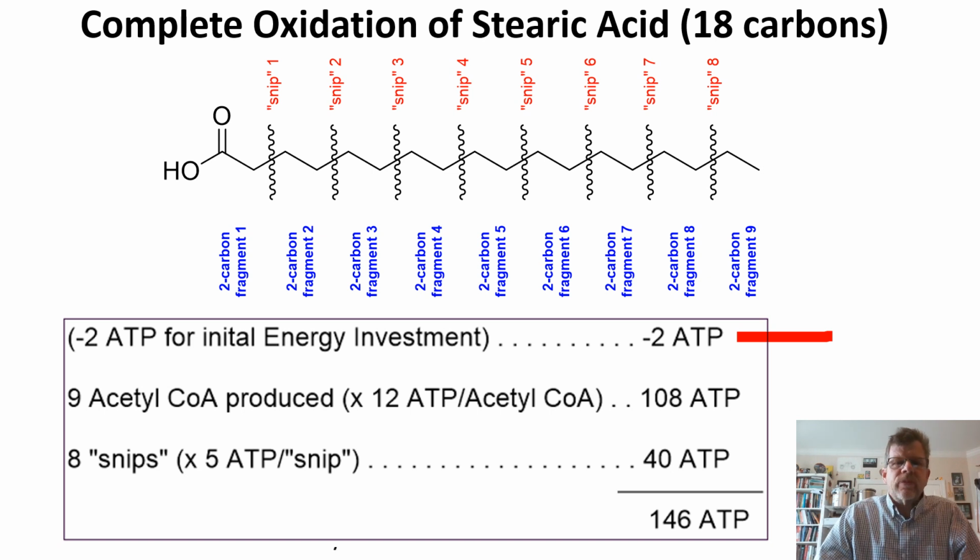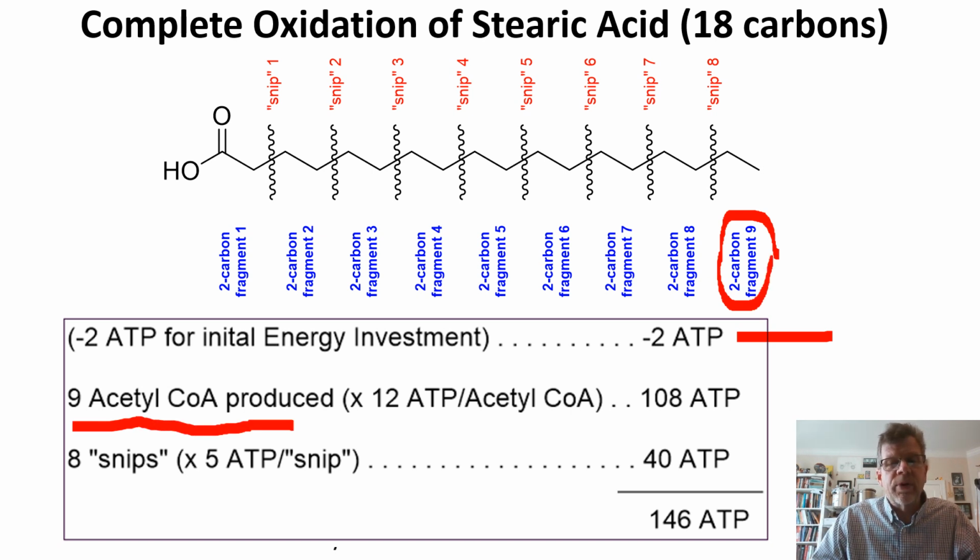We get 9 acetyl-CoAs produced. Each of those powers one turn of the citric acid cycle, which gives us net 12 ATP. So those 9 acetyl-CoAs give us 108 ATP.